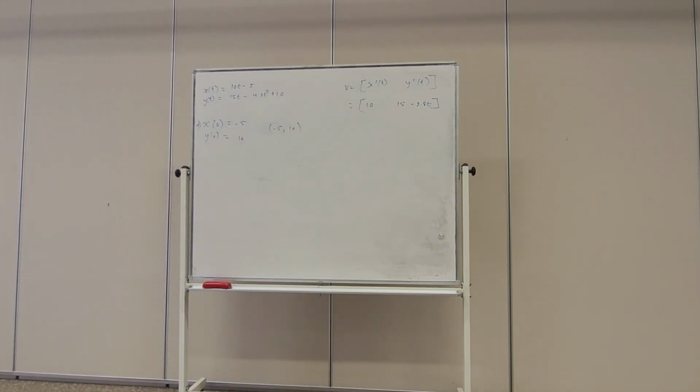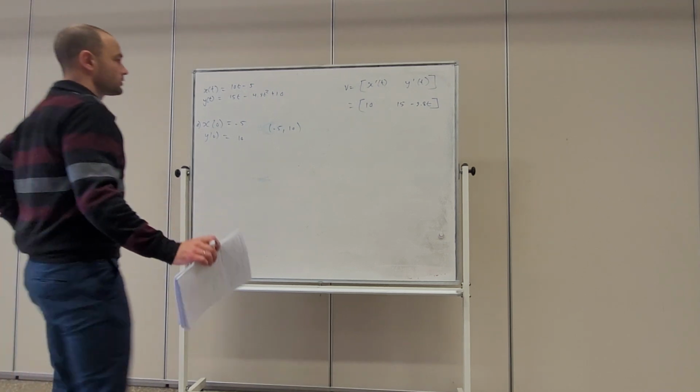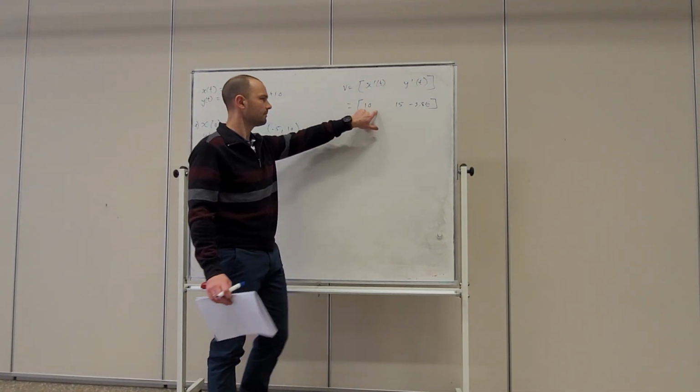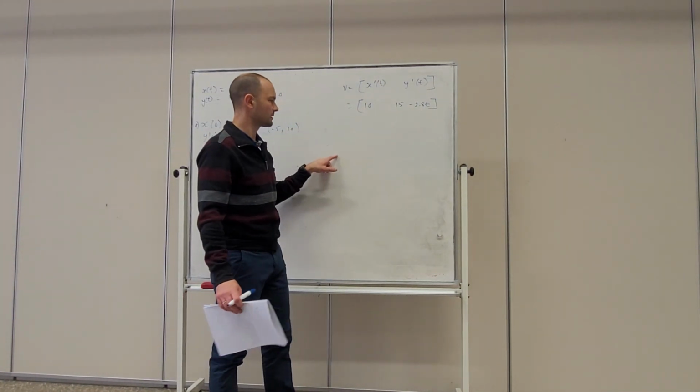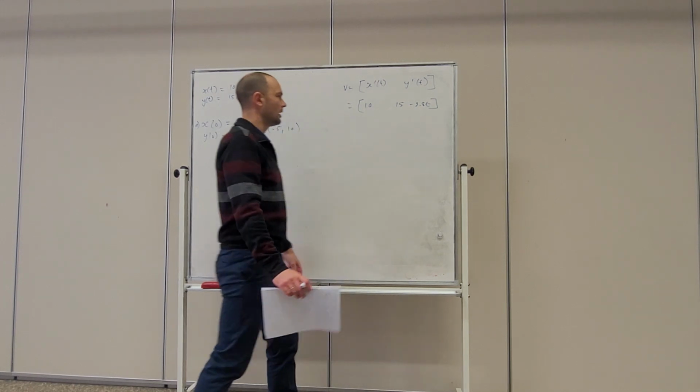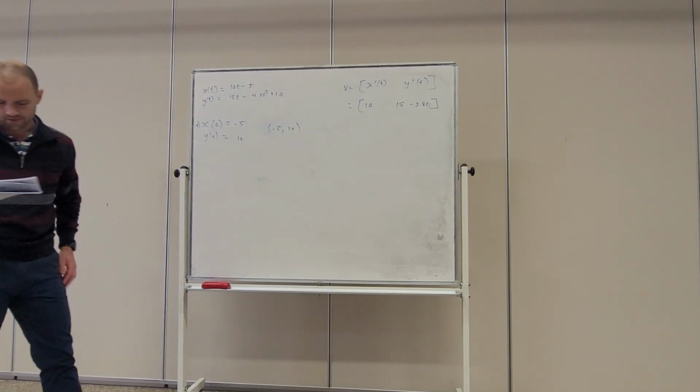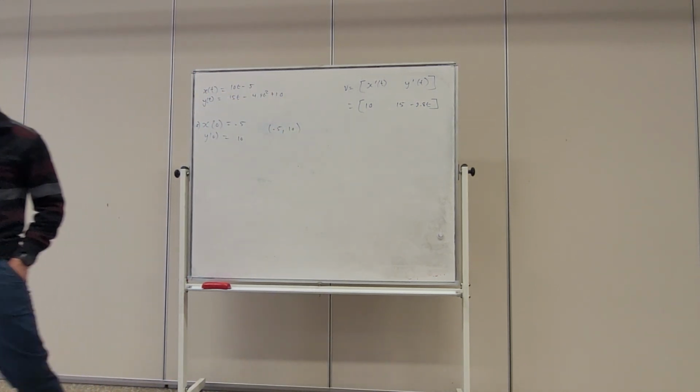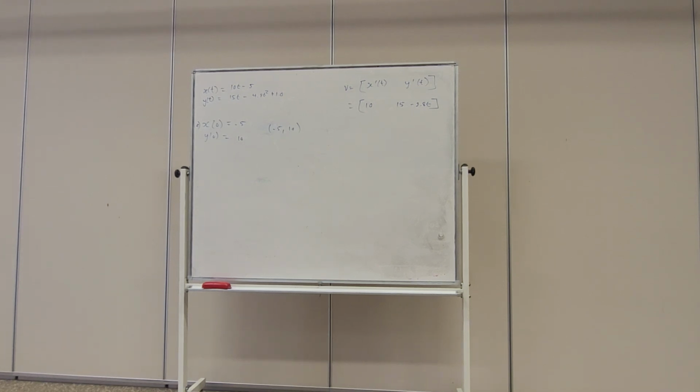Alright, so that's the velocity vector. This is going to give us the velocity for any value of time. Notice the horizontal component stays the same, but the vertical component fluctuates with regards to time, how fast it's travelling along.